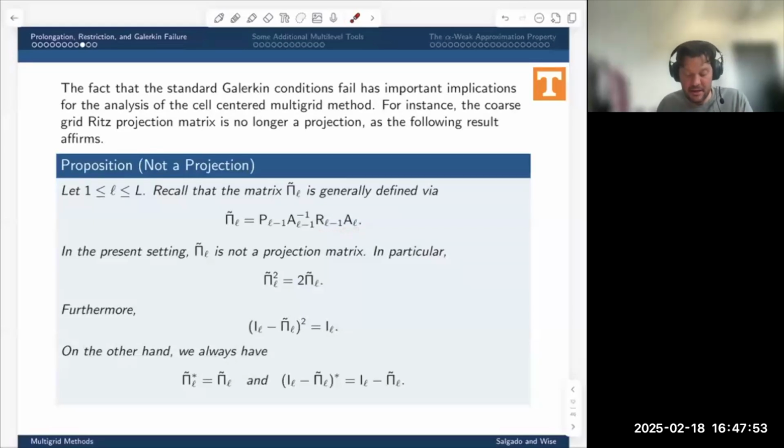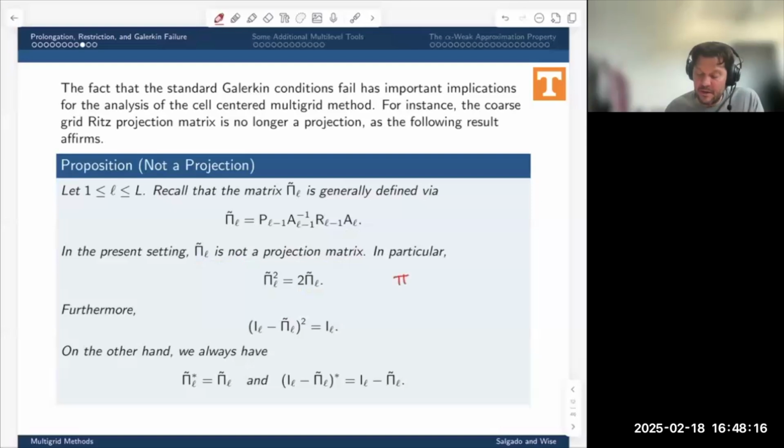So in the present setting, this guy is not a projection matrix. In particular, if you square that matrix, you don't get pi L tilde back, you get 2 times pi L tilde. Well, that's close, but it doesn't give us a projection.